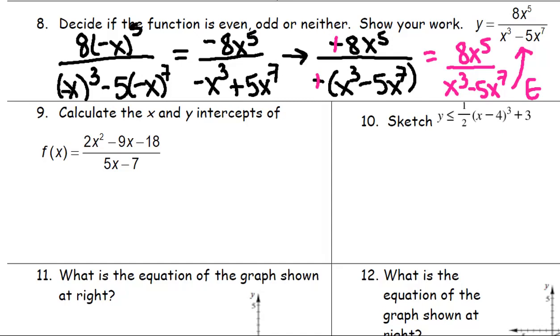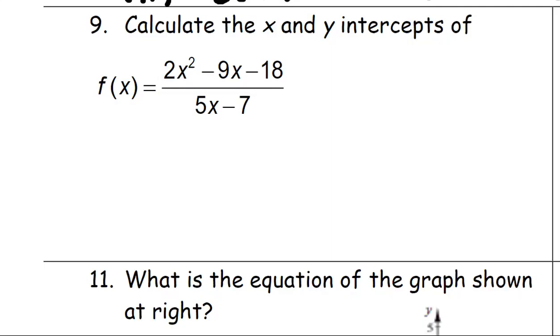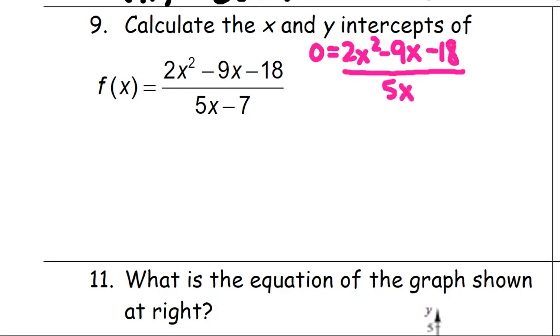On 9, we're trying to find x and y intercepts. So on that one, for our x-intercept, you're going to put 0 in for y. So that would be 0 is equal to 2x squared minus 9x minus 18 over 5x minus 7.